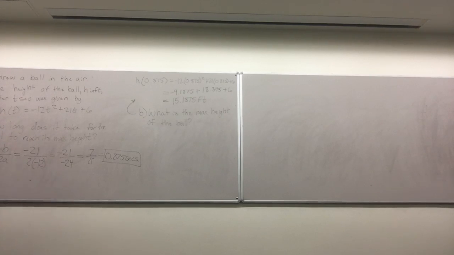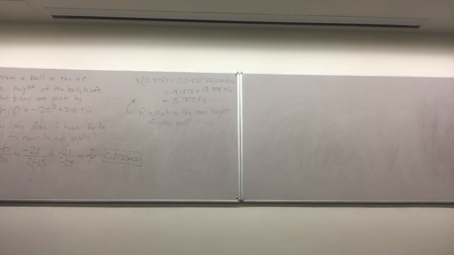Then we could ask, how long until the ball reaches the ground? What does it mean for the ball to reach the ground? The x-intercept, which really means that the height is 0.